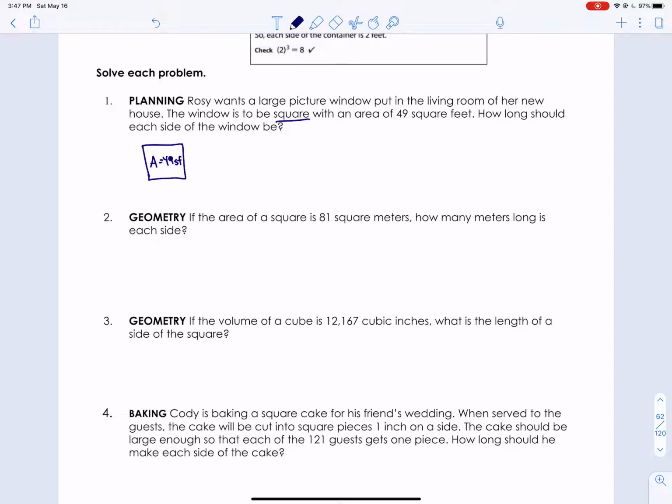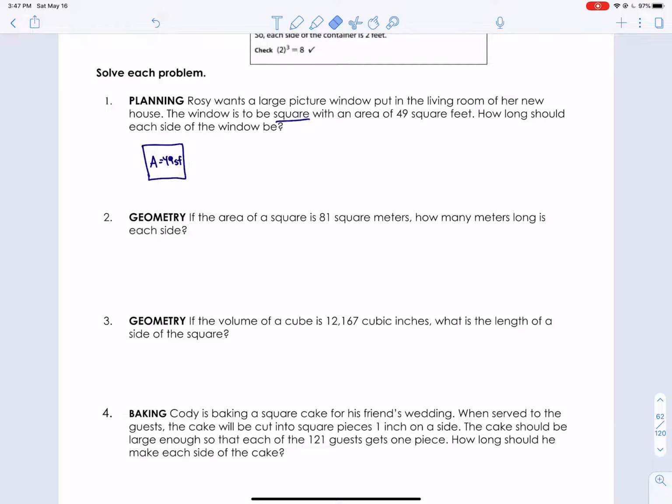Okay, so 49 square feet. Remember, area is this side times this side. So what numbers that have to be the same will we multiply together to get 49? Can we think of one? Okay, so 7.